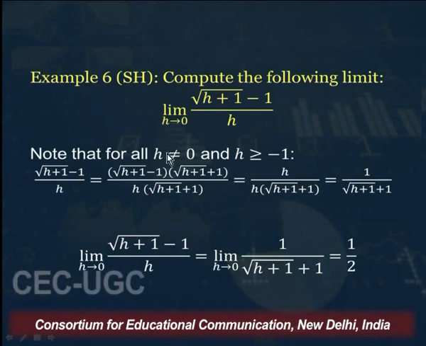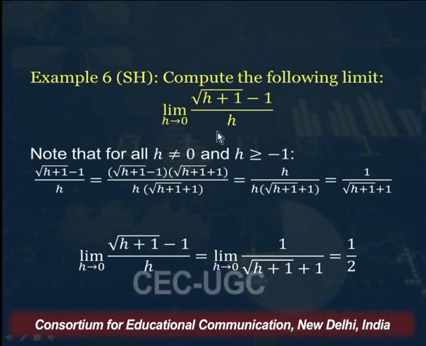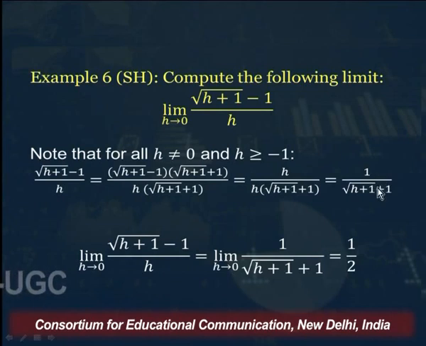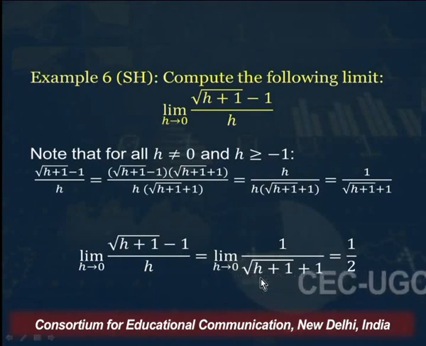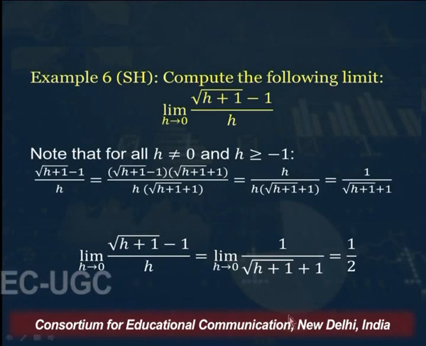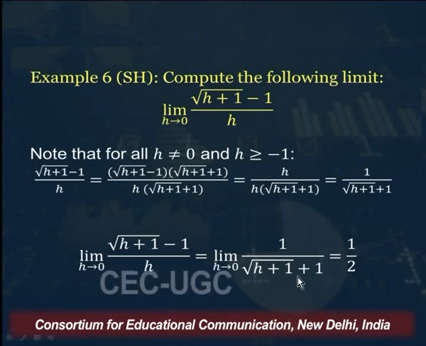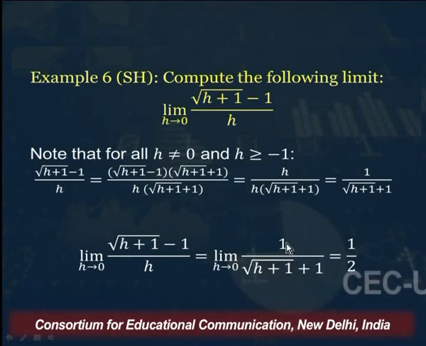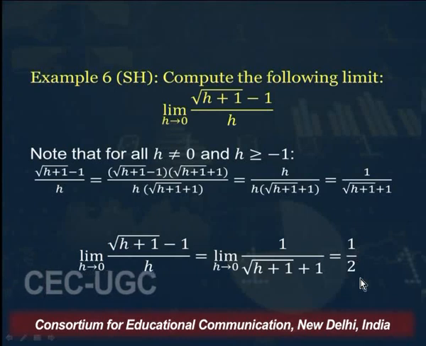Remember that this is valid for h not equal to 0, because you can't have a 0 in the denominator, and h greater than or equal to minus 1. Once we reduce things to this format, I can easily substitute h here, because we have a non-zero limit in the denominator. So I can substitute h equal to 0. We have the limit of the quotient being the quotient of the limits.